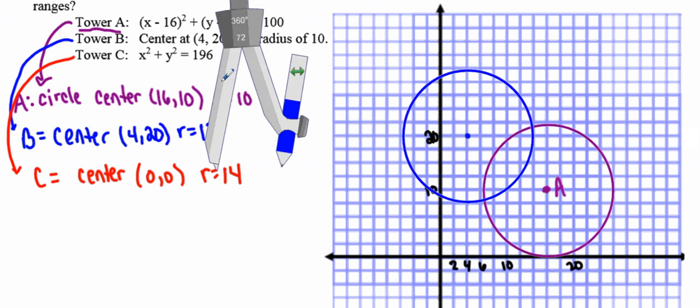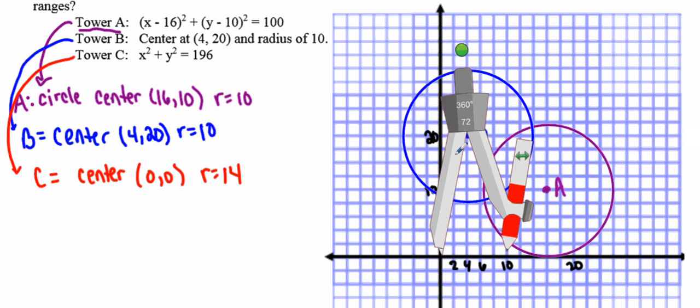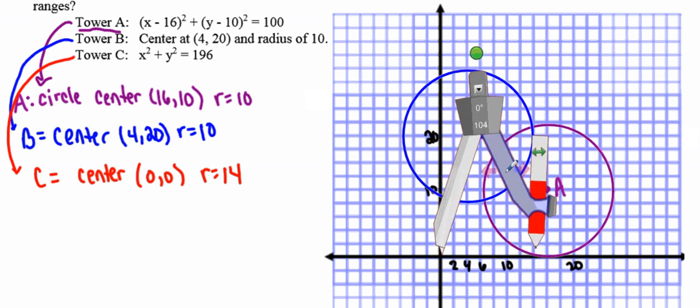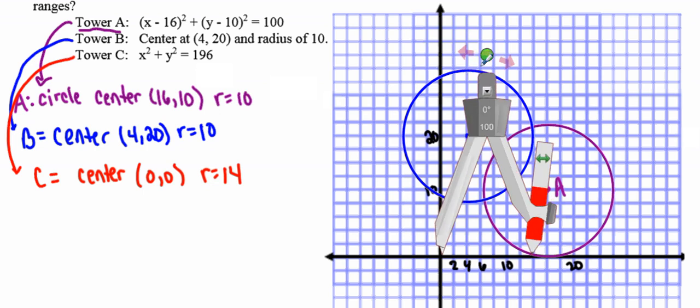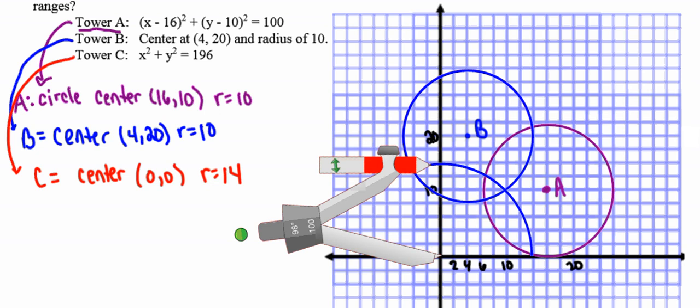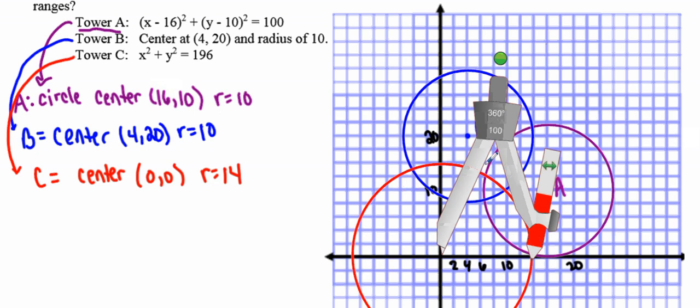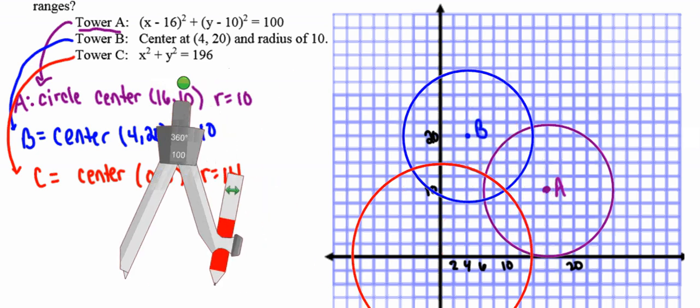And this one I'm going to label B. And then the last one, Tower C, has its center at the origin, 0, 0, with a radius of 14. So there is Tower C.